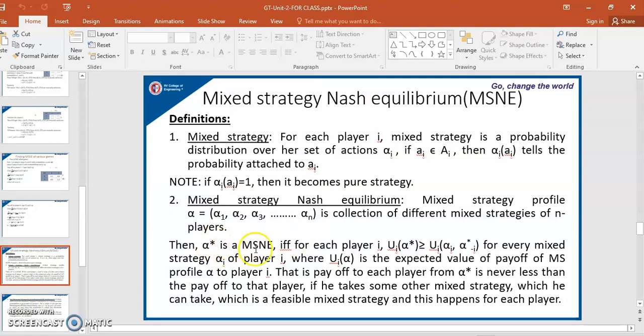Then alpha star is a mixed strategy Nash equilibrium if and only if for each player i, u_i of alpha star is greater than or equal to u_i of alpha_i, comma alpha_minus_i star. That is, if the player i shifts from his strategy in the Nash equilibrium to any other strategy alpha_i, then his payoff will definitely reduce.